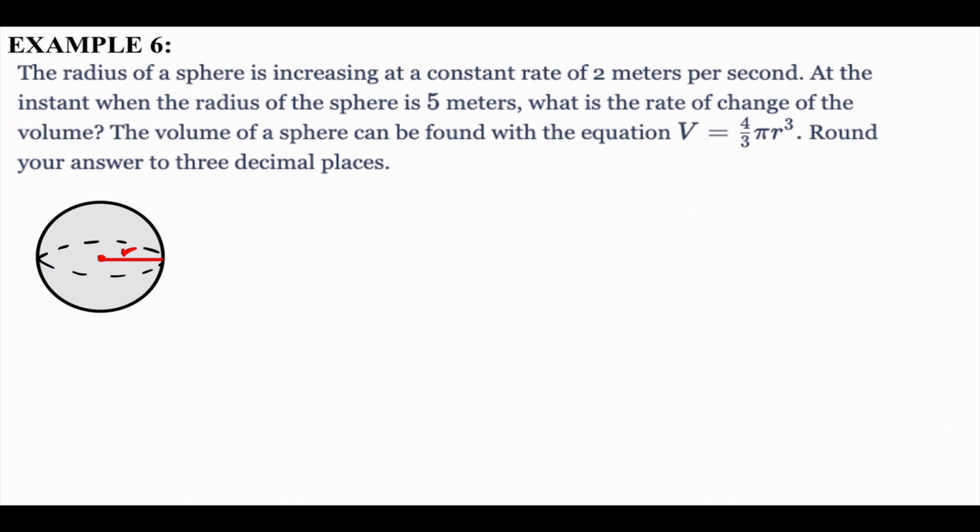So the radius of a sphere is increasing at a constant rate of 2 meters per second. At the instant when the radius of the sphere is 5 meters, what is the rate of change of volume? And then they give us the volume equation.